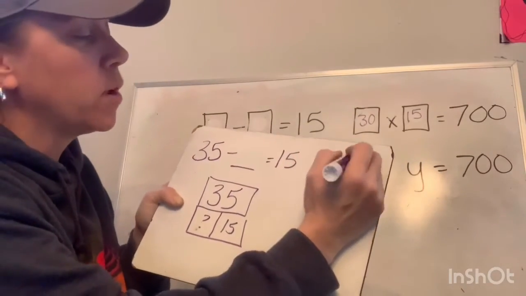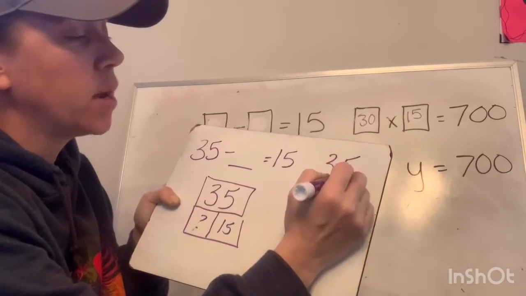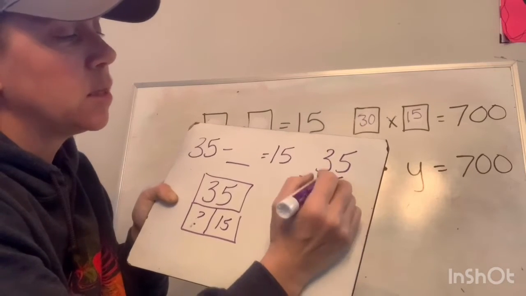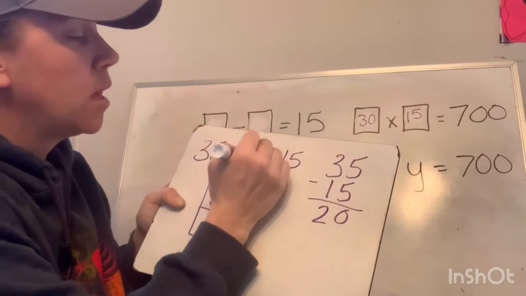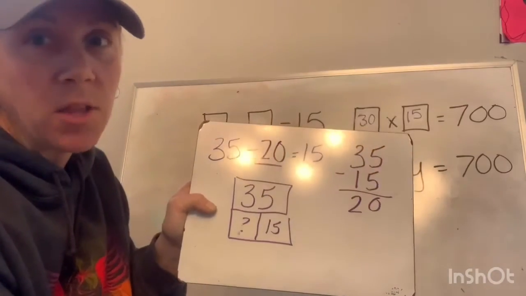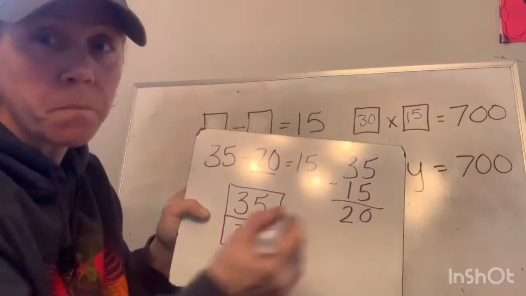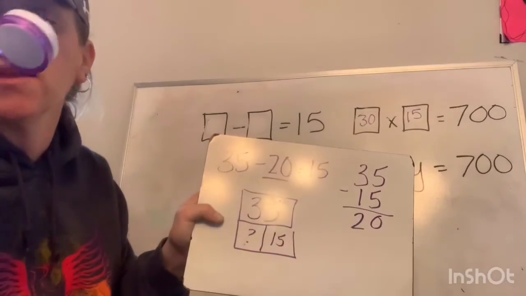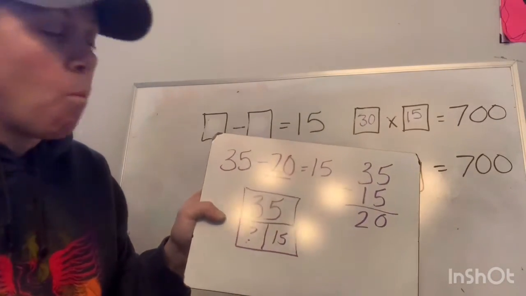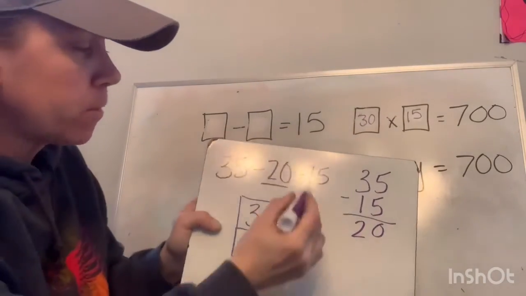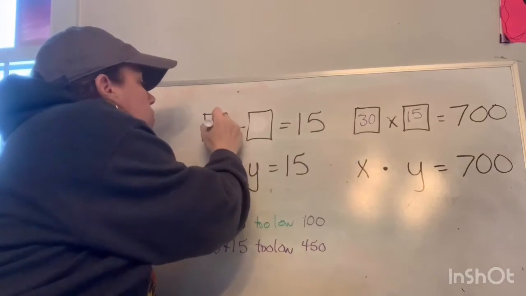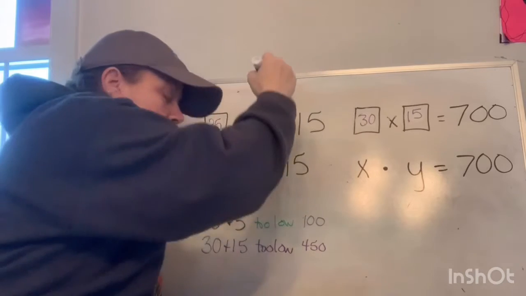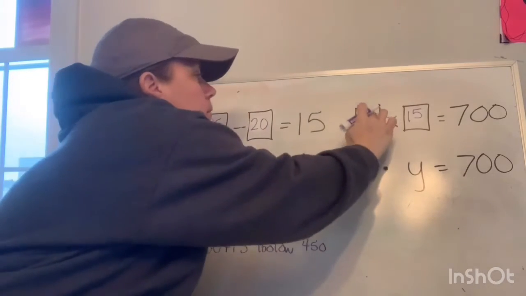Okay, so I'm going to come over here and I'm going to find 35 minus 15 is 5 minus 5 is 0. 3 minus 1 is 2. Some of you can figure that kind of stuff out in your head. Others of you need to do that work, and that's fine. Okay, so 35 minus 20 equals 15. So my next two numbers I'm going to try are 35 and 20.